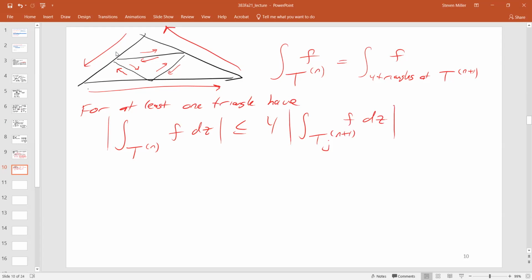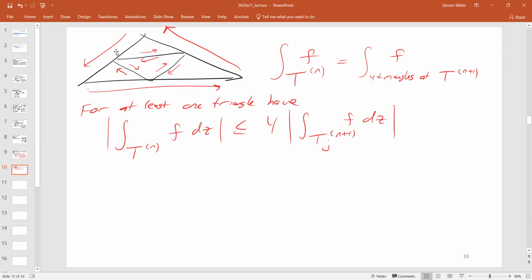Right, it would be less than our original triangle. We know that the original triangle is equal to the sum of the four things.